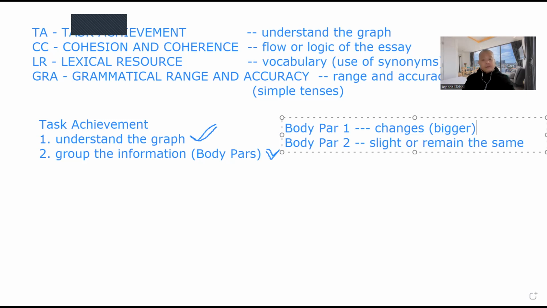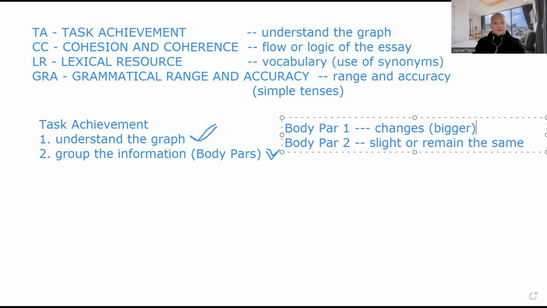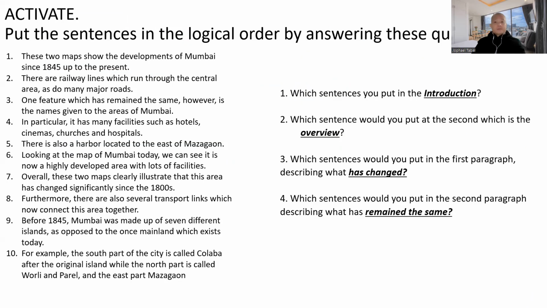So as you can see, this map, let me show you an example here. This is an example of a map. And let me show you an example essay here.